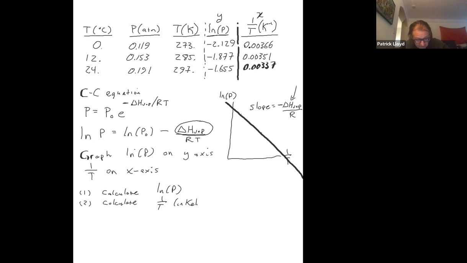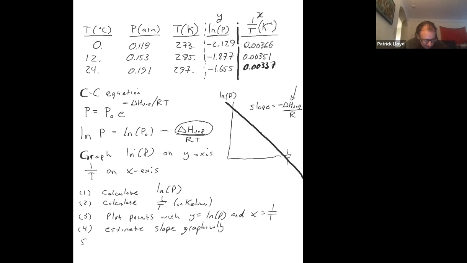Make sure it's in Kelvin. Step 3, we plot the points with y being ln of p and x being 1 over t. Okay. Step 4, we estimate or calculate the slope graphically.